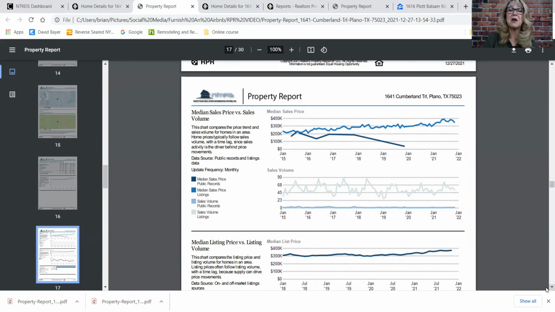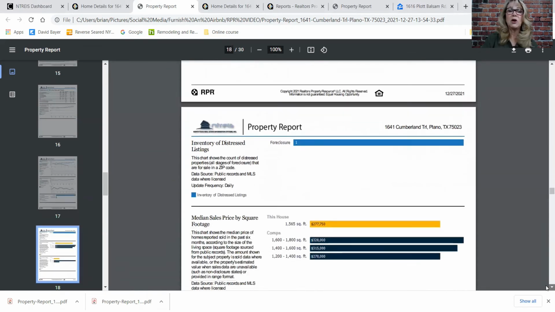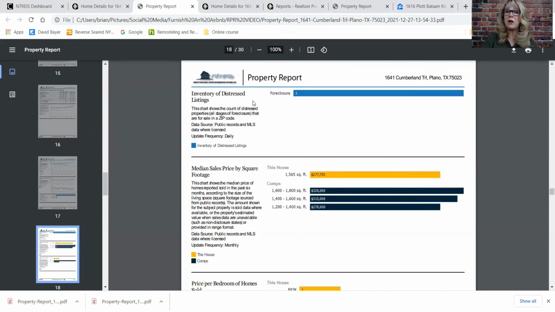I just look at the numbers like, okay, it's going up right here. It's going up. Okay, let's get down to inventory of distressed properties. There is a way to look for distressed properties with this report. It's saying there's only one right now, and then it'll give you the price by square footage.